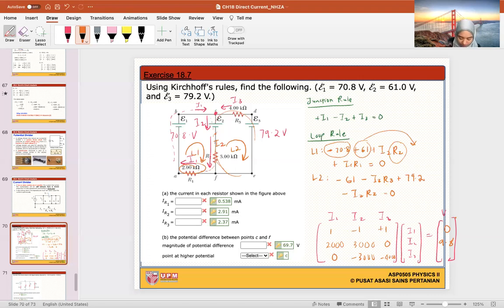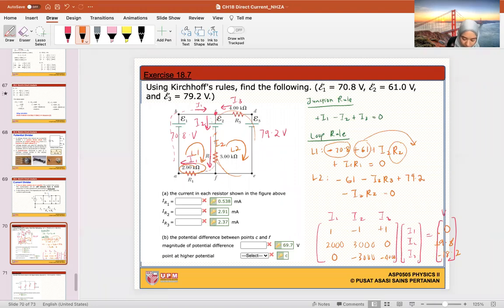Minus positive, positive 61 minus 79.2. So it's minus 18.2. The second equation, should it be negative or positive? Okay, it should be positive. So this one is positive, this one is negative. Okay, now I can use my calculator.